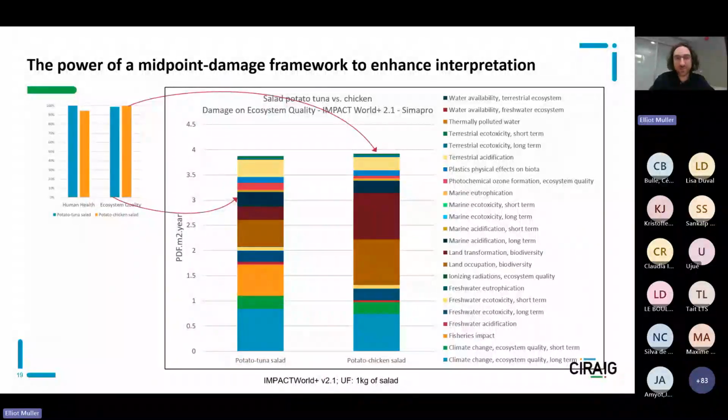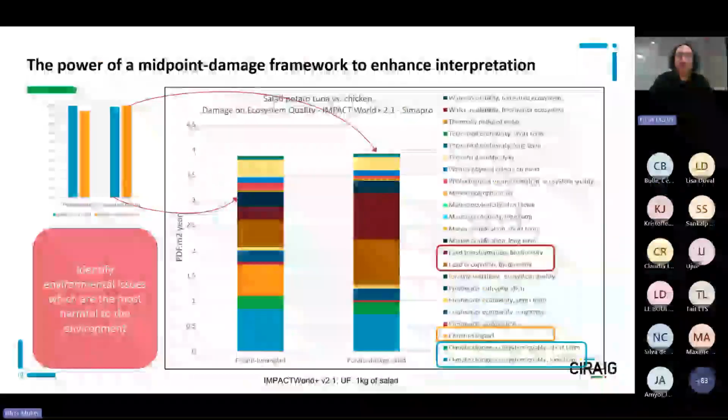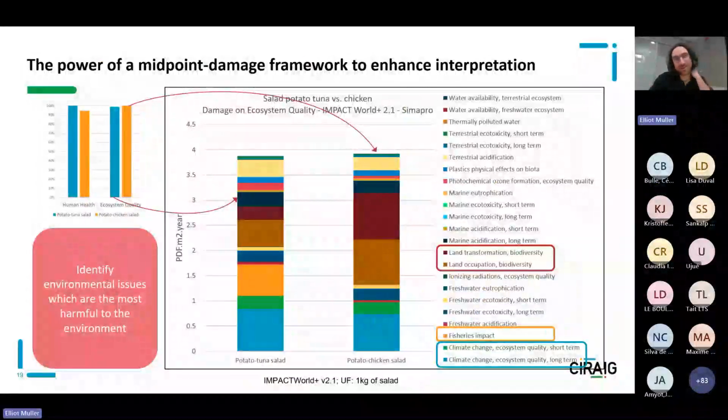Yes. So here, for example, we can see that for the ecosystem quality area of protection, the land transformation and land occupation indicators take quite a huge part of the impact, and that is especially true for the potato chicken salad. It's also important for the potato tuna salad, but it's less contributing.